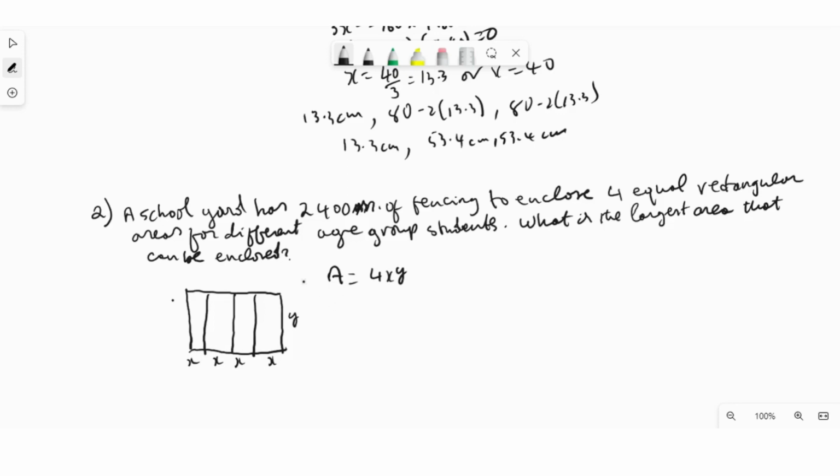So this is the area of the whole plot. Then we have 2 variables on the right side, so we need another formula, which means we are given the perimeter, which is 2400. So the perimeter, 2400, equals 5 y's, since the vertical lines are 5, plus 4x here and 4x here, which means 8x.